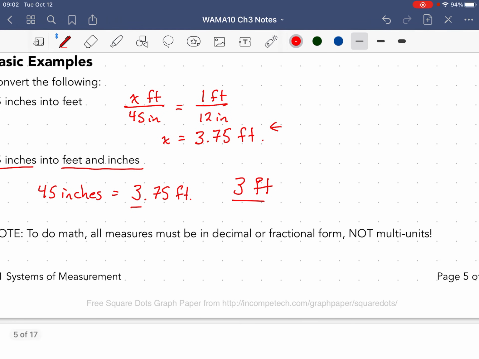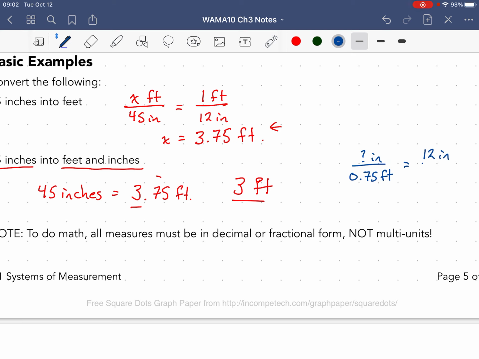Well, we know that there are 12 inches in 1 foot. Right? So now we're going to try and figure out this 0.75 of a foot into just inches. So I can write it out over here. How many inches are there in 0.75 of a foot?